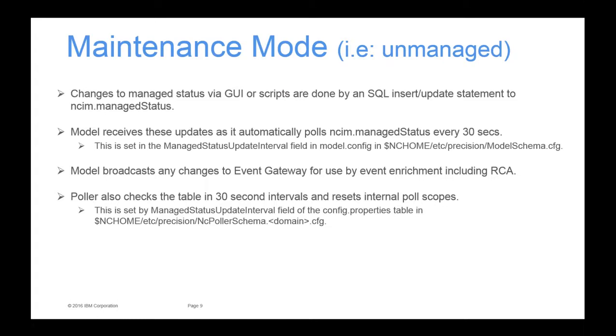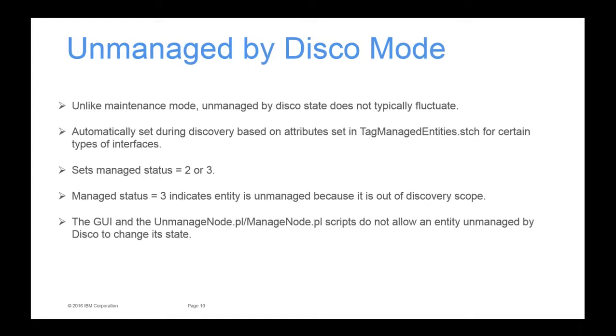And this will reset the internal poll scope so that we know what to poll and what not to poll, i.e. anything that's managed with a managed status value of 0 or null will be polled. Anything with a 1, 2, or 3 is not polled. And this field is the same name, managed status update interval, but it's in the NC poller schema config file. Next slide.